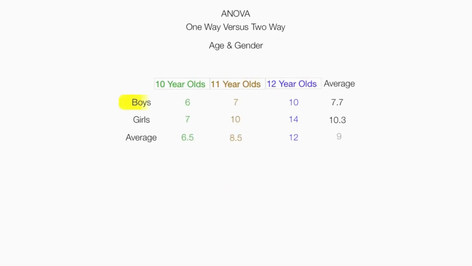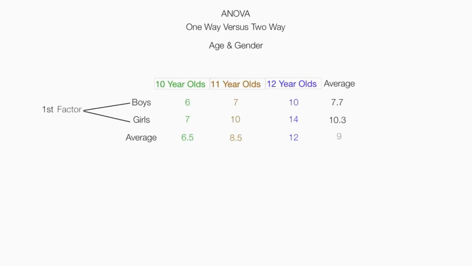In this table, I end up with averages for all the boys by age group and total, and averages for all the girls by age group and total. I have 10-year-old data broken down by gender and total average, 11-year-old data broken down, and 12-year-old data broken down. Having data organized in a table like this makes it easier to calculate degrees of freedom, to understand the factors, and also to make any of the other calculations I have to make.